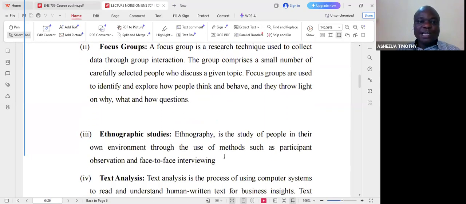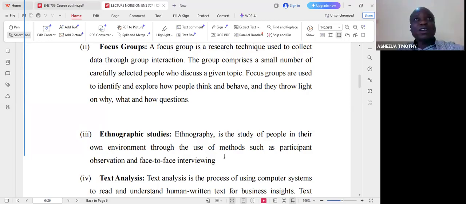There's what we call ethnographic study. Ethnography is the study of people in their own environment through the use of methods such as participant observation and face-to-face interviewing. You go to a particular environment to conduct interviews. That's why they call it ethno group.